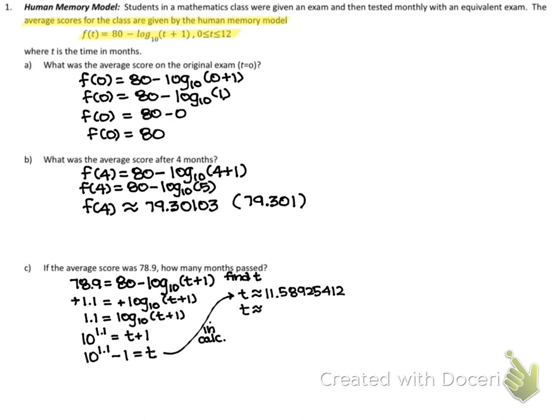Okay, turn that into 11.589 months. So really the thing here is just making sure that you plug the value into the correct location in your function. And I think that figures it out for us. I hope this helped.